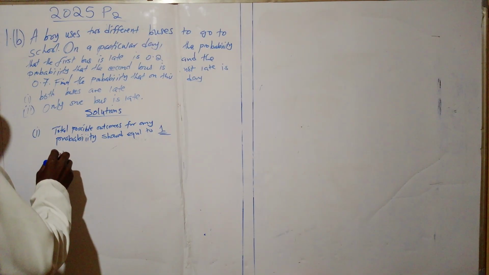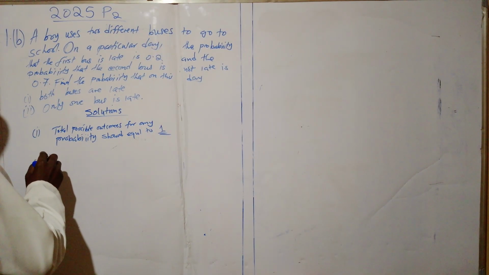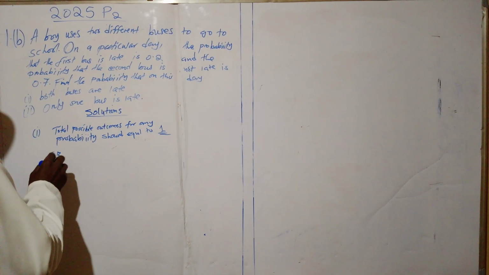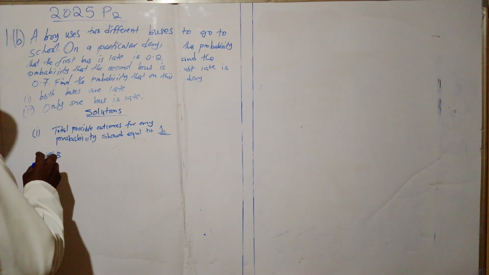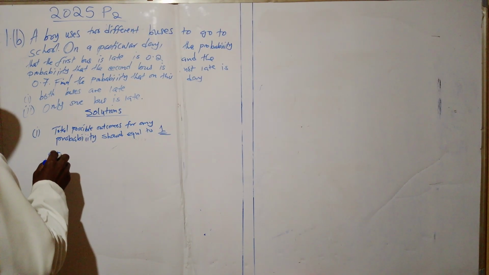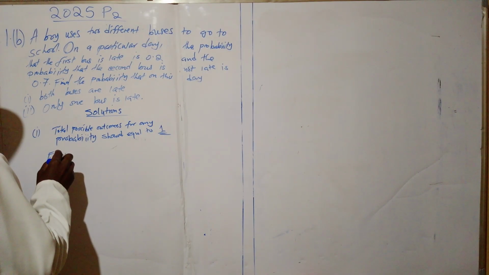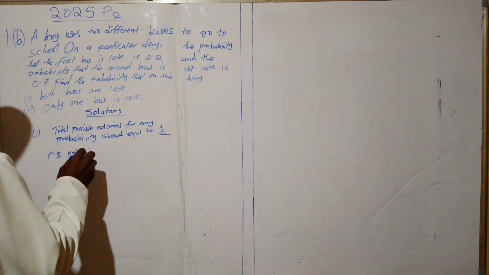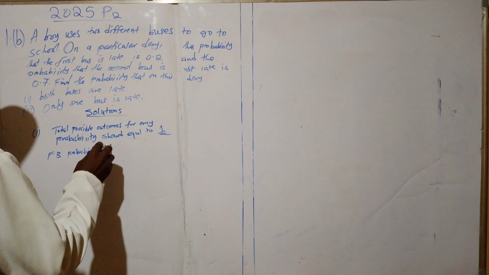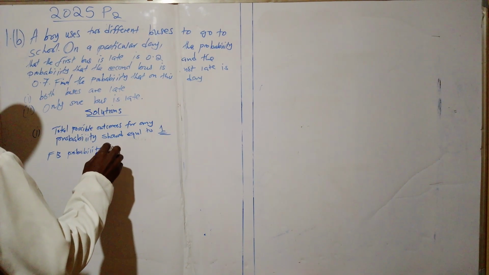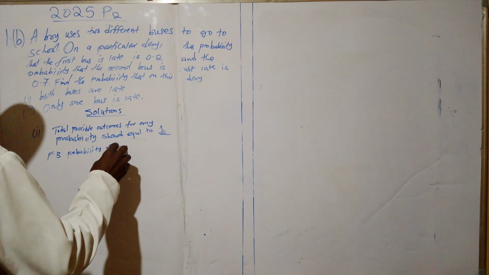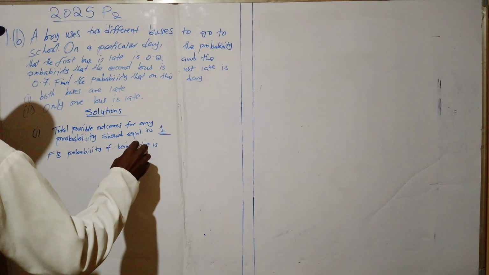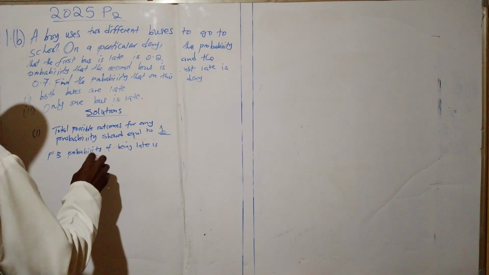So first bus, let me abbreviate first bus with FB. So the probability that it is late is 0.2.